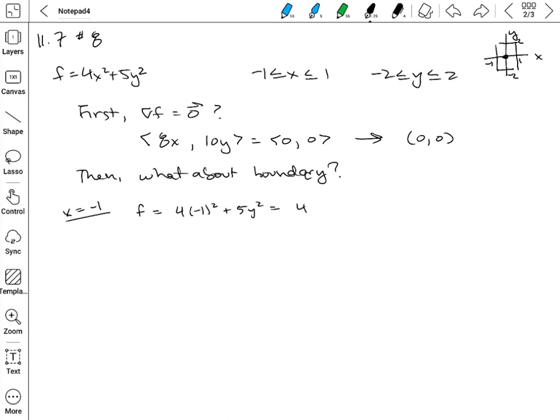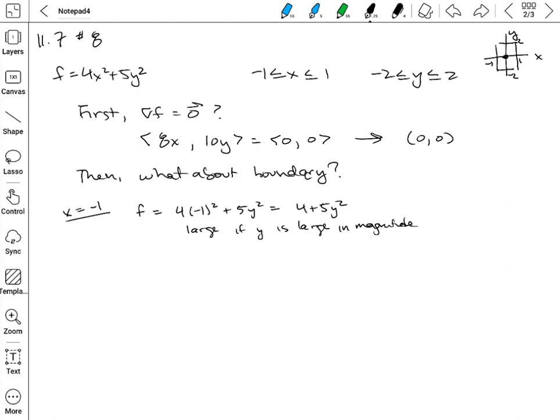So it's just going to be 4 plus 5y squared. So the value of f is going to be larger if y is larger in magnitude.